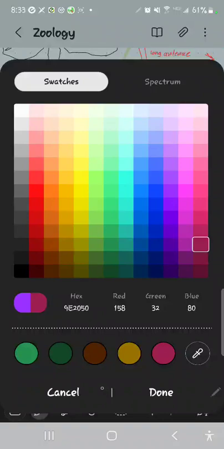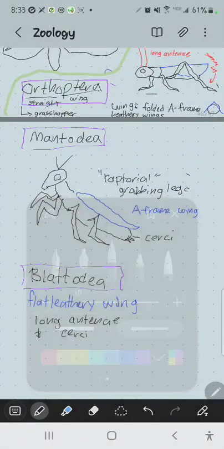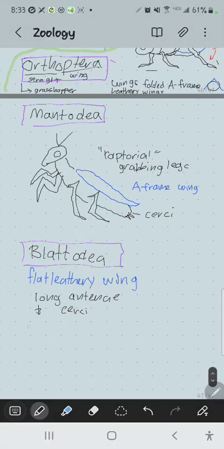But probably the main feature for the cockroaches that is obvious is that their head points backwards.